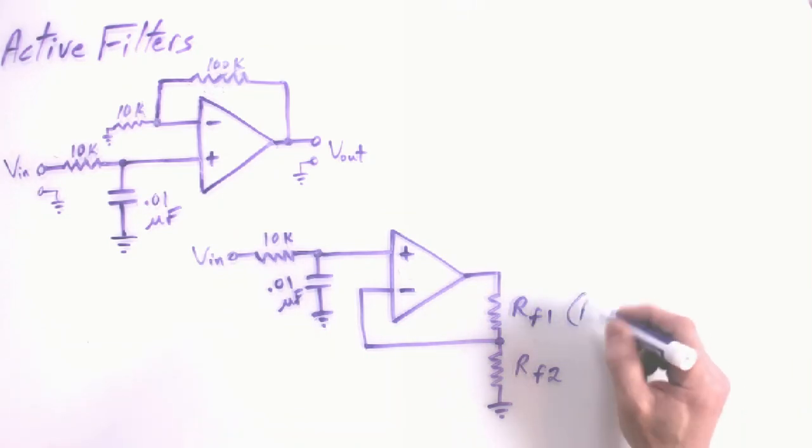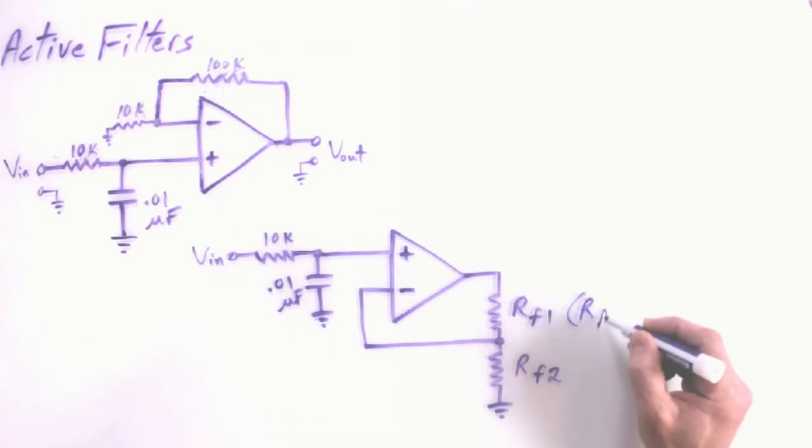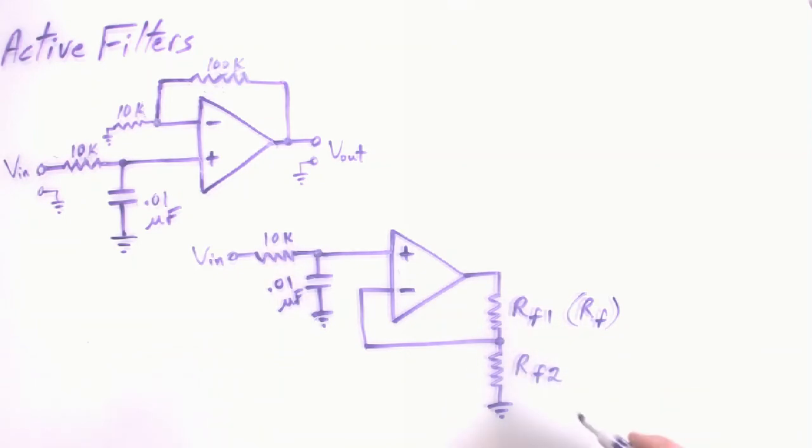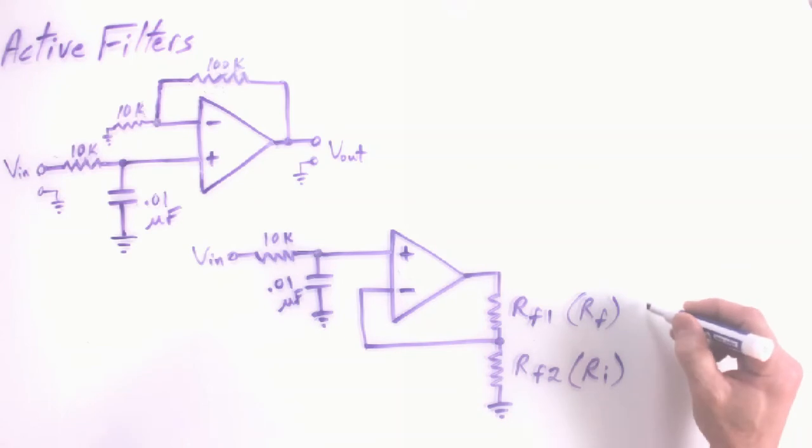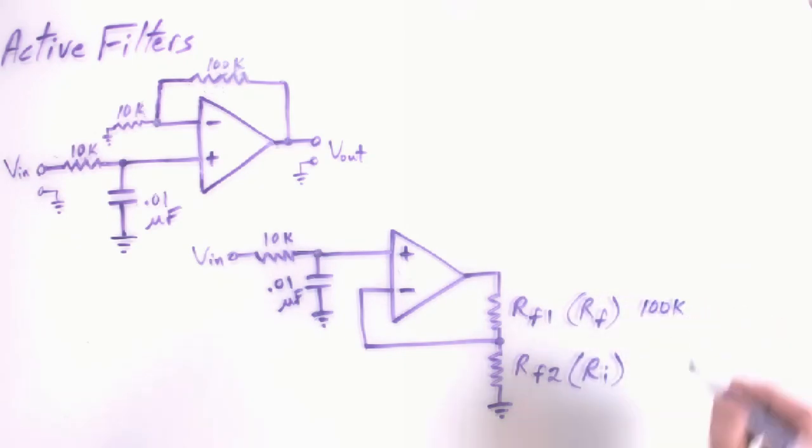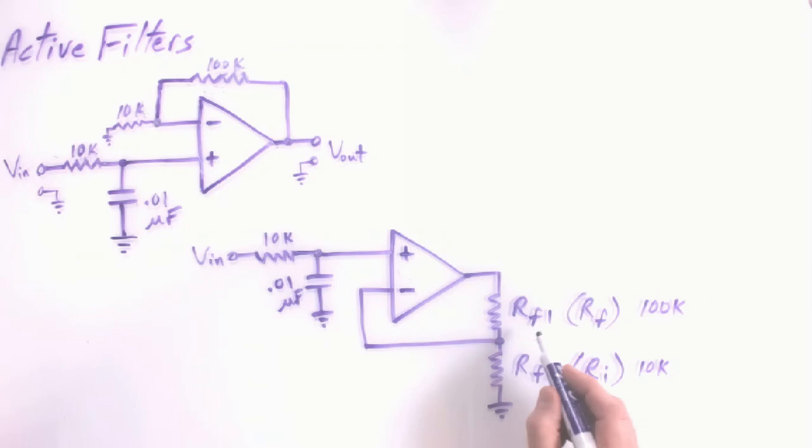So formally we knew this as just RF, and RF2 we knew as RI. And in the above example, of course, this is our 100K and this is our 10K. So just a little bit different naming conventions here.